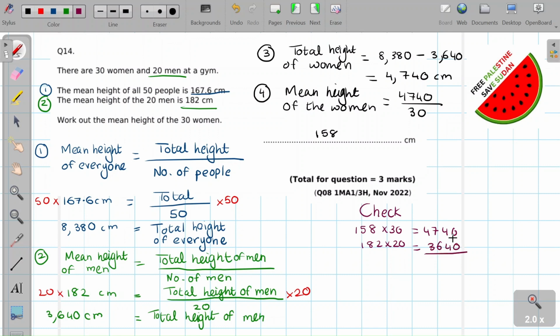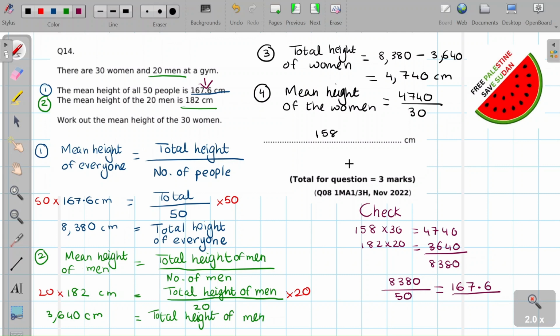Add these two: 8,380. And then find the mean of the 50 people. I do 8,380 divided by 50. And if it is correct, it should be the same as the mean of everyone in the question, which is exactly the same. So there we go.